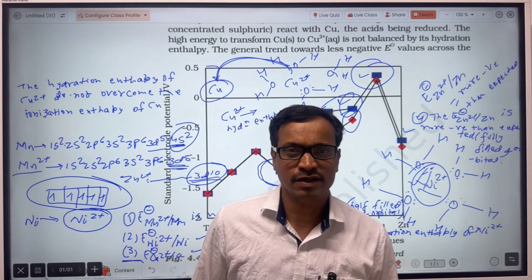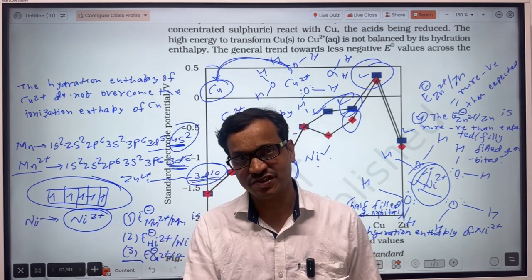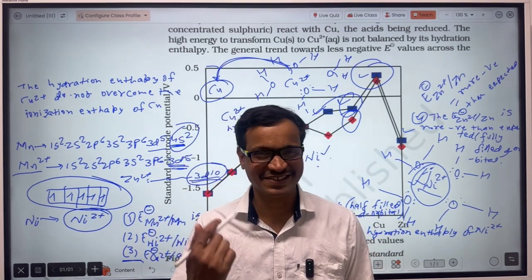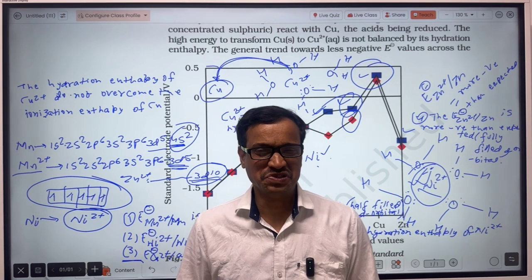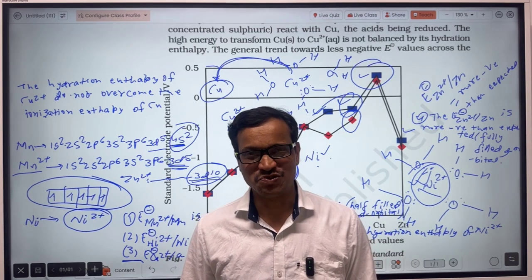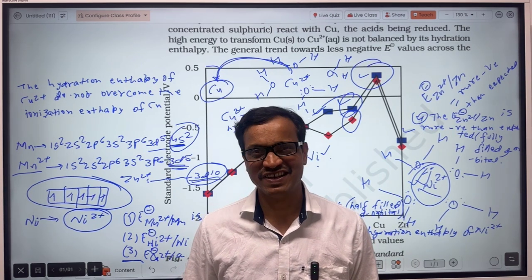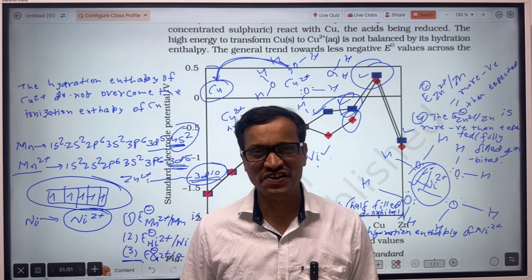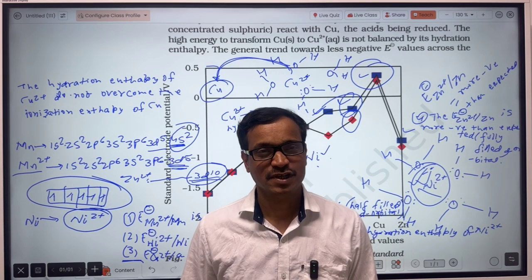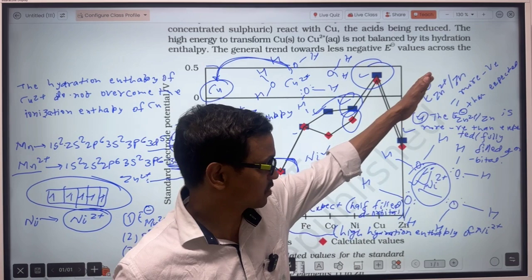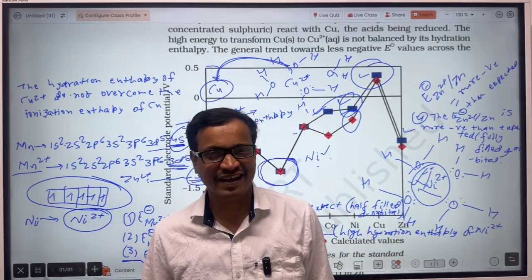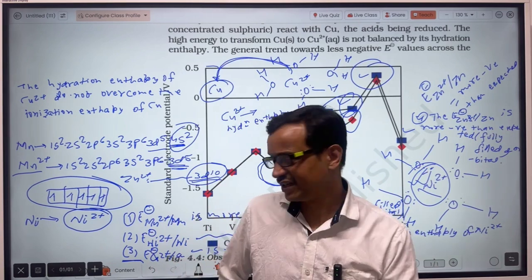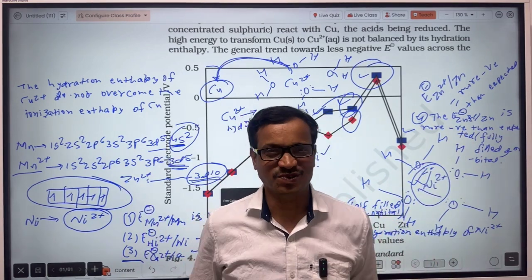A number of students, and also a number of parents, don't believe that the questions in IIT as well as NEET are asked only from the NCERT book. Because the questions are asked like this, which I have taught you in this manner, while in the NCERT book it has been written in concise form.